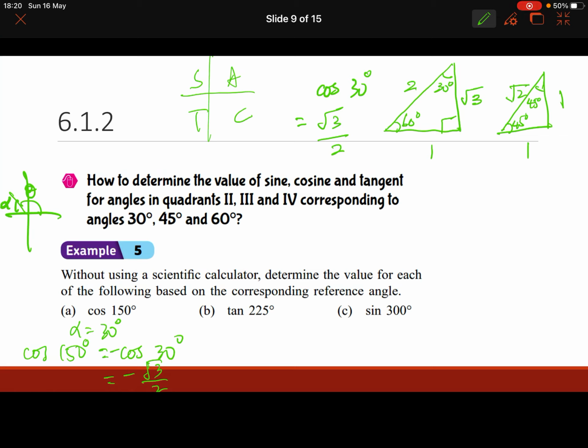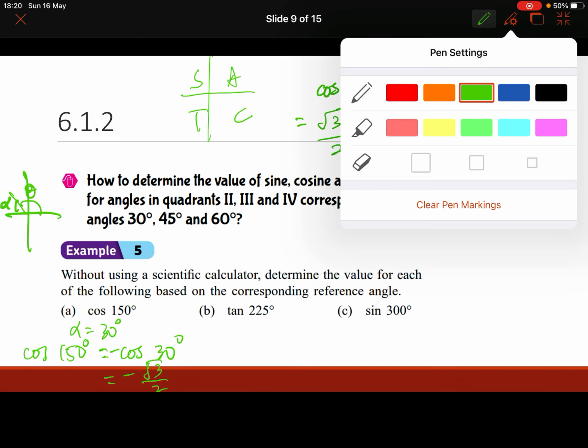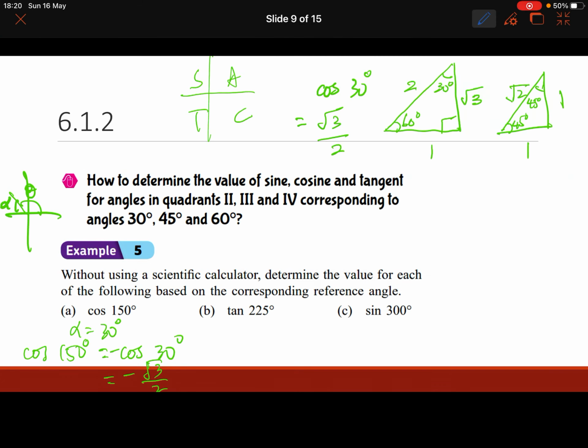Okay, tan 225. 225 is in which quadrant? In the third quadrant, here. So the reference angle is 225 minus 180 equals 45.